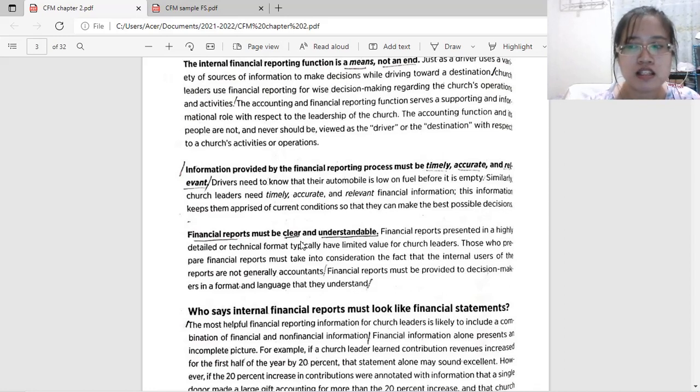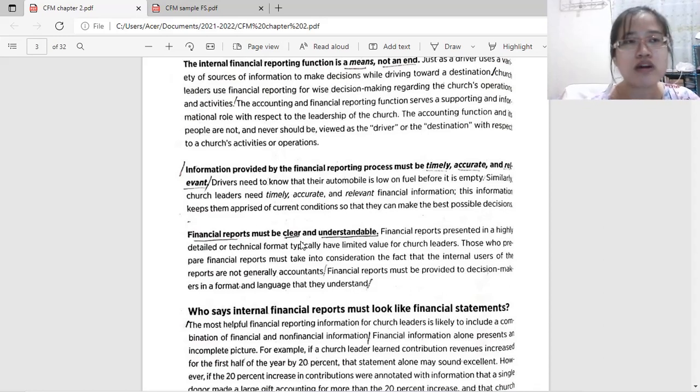Okay, and then financial reports must be clear and understandable. As in the accounting field, normally we follow certain presentations. Normally it's in the form of tables. So you have the items and then the figures or the amounts for those items. Okay. Normally we also provide a narrative to explain the table or the information given so that an ordinary person would better understand it.